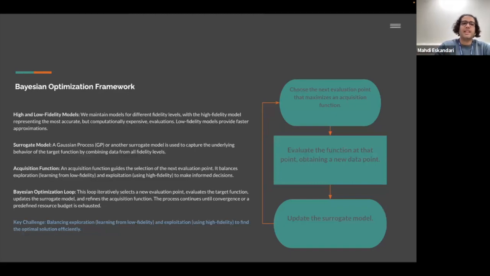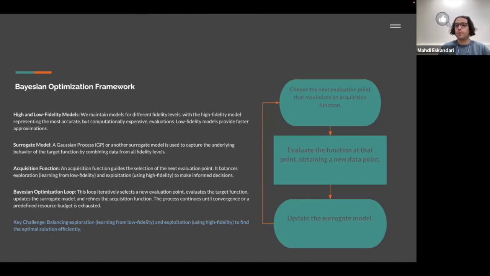Bayesian optimization, in a very simple form, has a framework that goes like this. At the very first step, we have a number of data points that are initially available, so it is our starting point. We fit a Gaussian process to those points that we currently have, and based on an acquisition function, which could be probability of improvement or expected improvement, we choose the next point that we are going to evaluate.